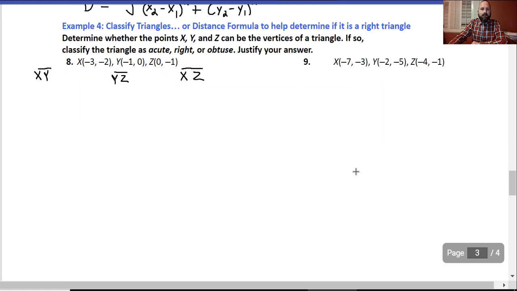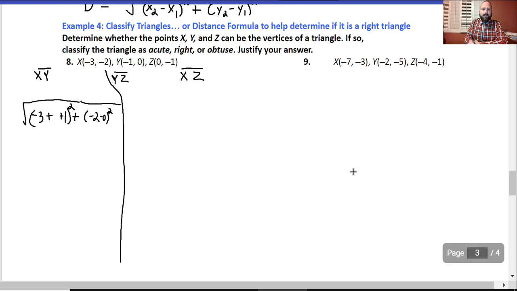So we're going to figure this out using these numbers. If we're doing x to y, we're going to take our x values and go, all right, -3 minus -1, minus minus becomes plus plus. And we're going to add them, after we square them, to the y value, which would be -2 minus 0 squared.